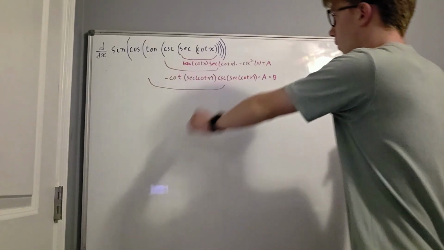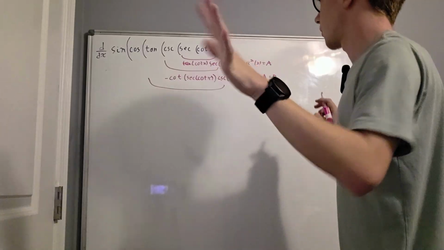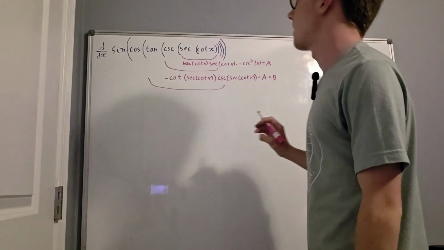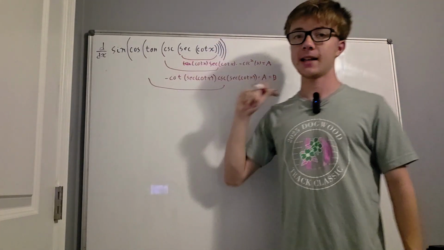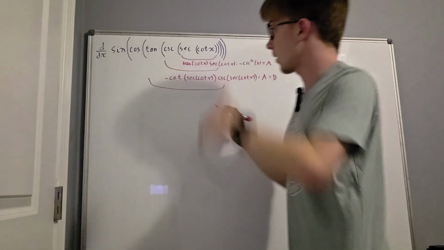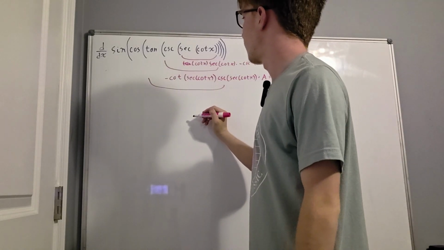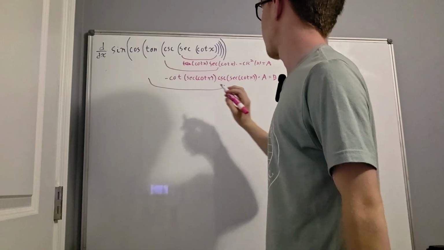Now I'm going to take this whole one right here. And trust me, this is going to work. Now the derivative of the tangent is secant squared. So now this one's going to look a lot nicer here. Yeah, I did that right. I was starting to have doubts for a second.